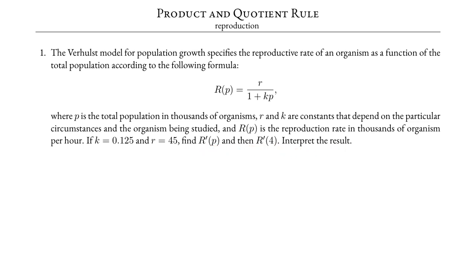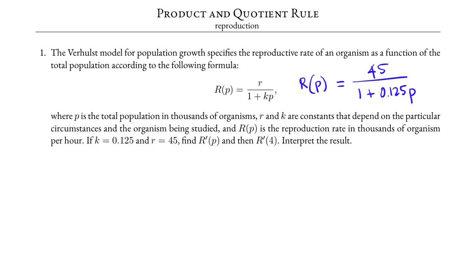Interpret the result. K and R are constant, and so we would rewrite this equation as R of P equals 45 over 1 plus 0.125P. Note that this is a function in terms of P. P is a variable, and K and R are constant, and so that is why we can replace K and R in this equation.